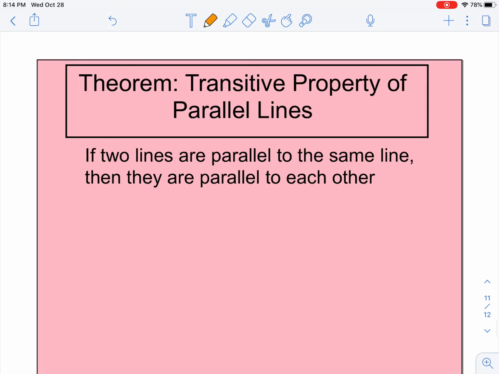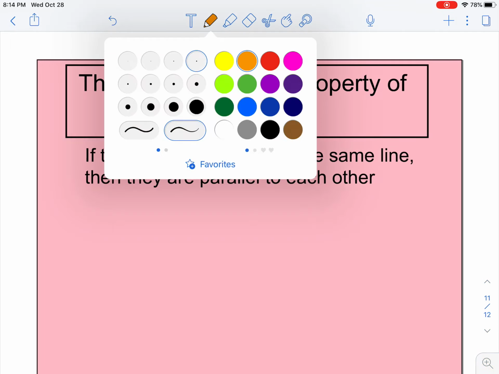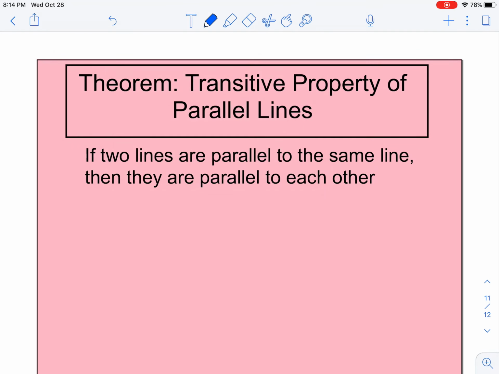All right, we have one other theorem to talk about that we haven't yet, and that is the transitive property of parallel lines. And what it says is, if two lines are parallel to the same line, then they are parallel to each other. So here's a line, okay?